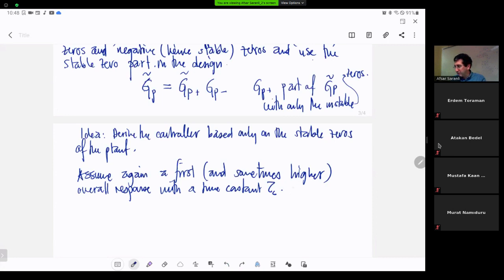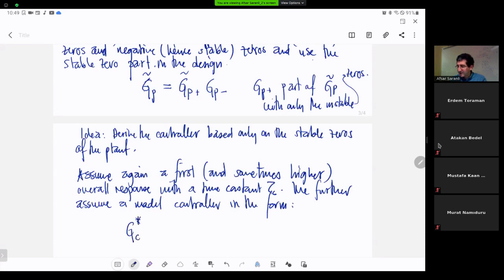We further assume a model controller in the form. Now this is not a derivation, it's actually a definition. So we make an assumption in the assumed controller.